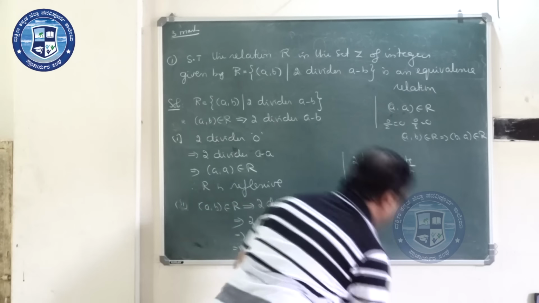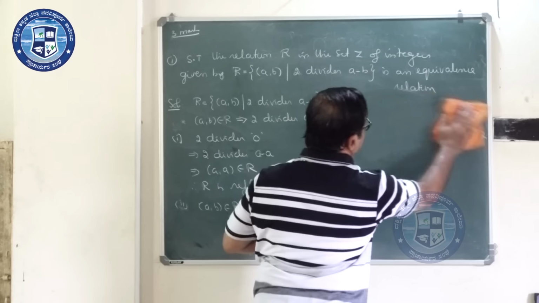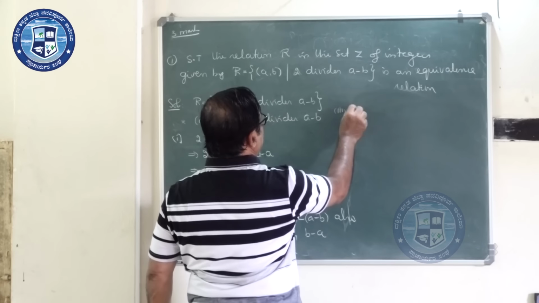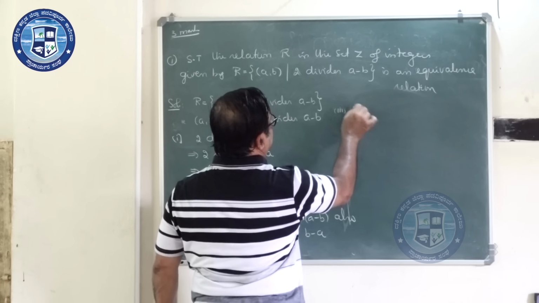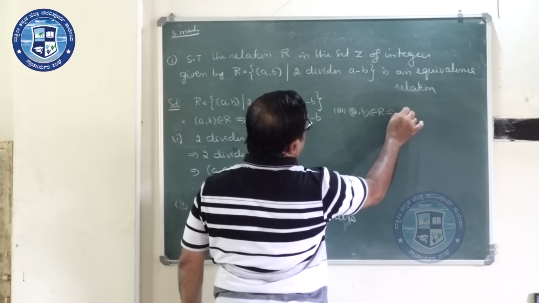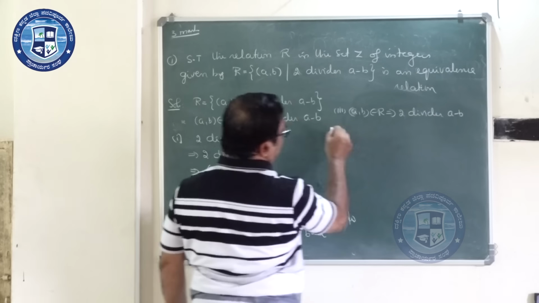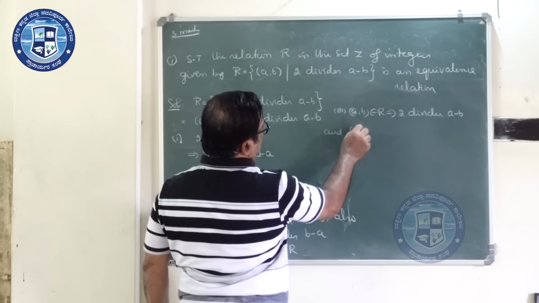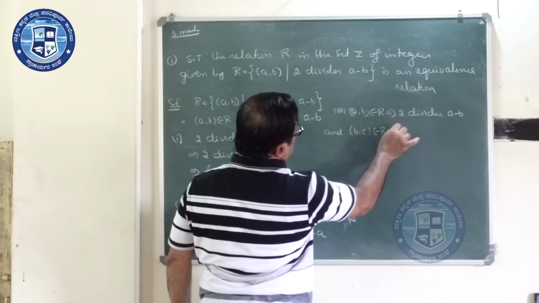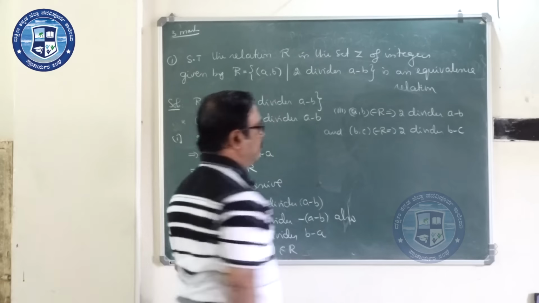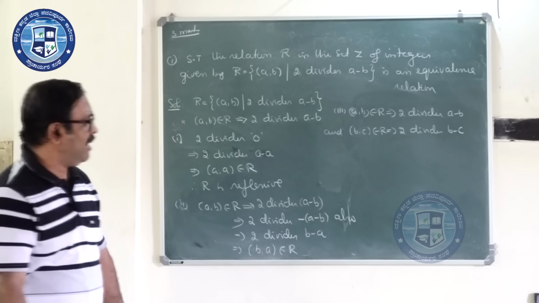Now let us verify the third one. Just look at this. We have (A, B) belongs to R implies 2 divides A minus B, and (B, C) belongs to R, 2 divides B minus C. Okay.